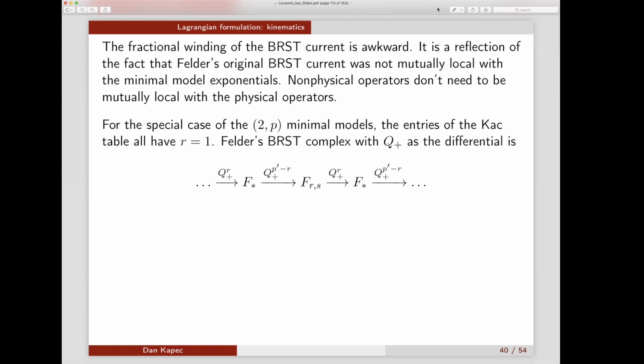But doesn't the BRST current have to be mutually local for contour manipulation? So the point is that the actual BRST maps in the complex don't always involve a single contour integral of that current.